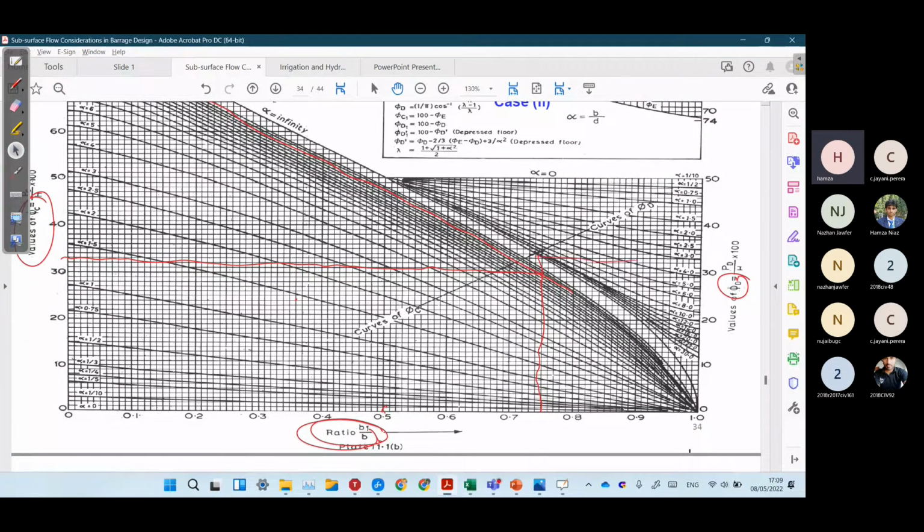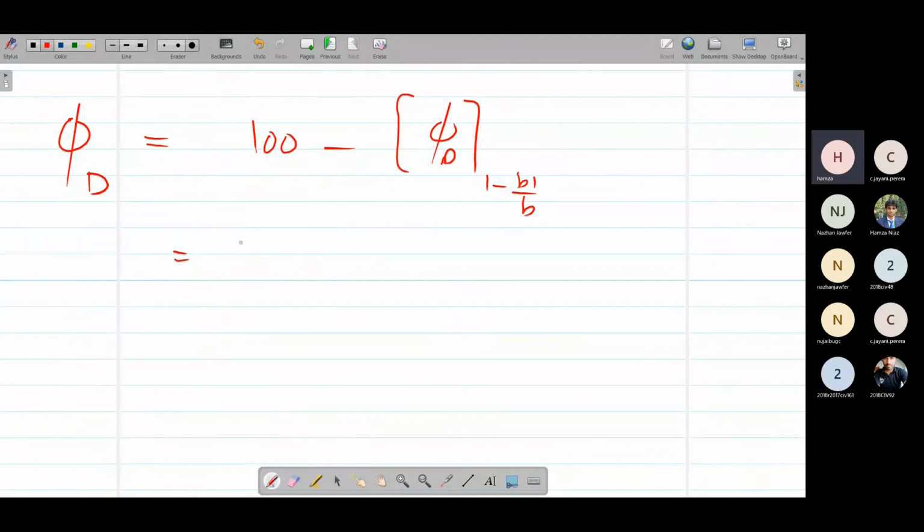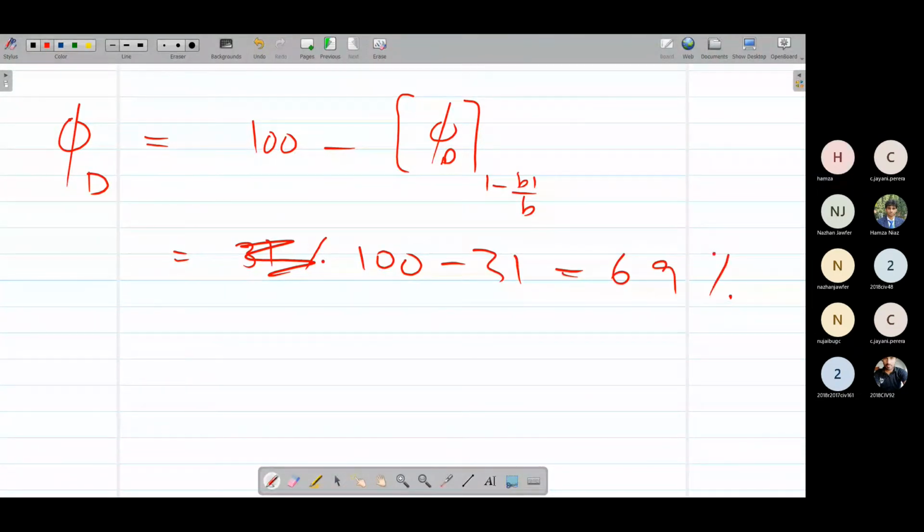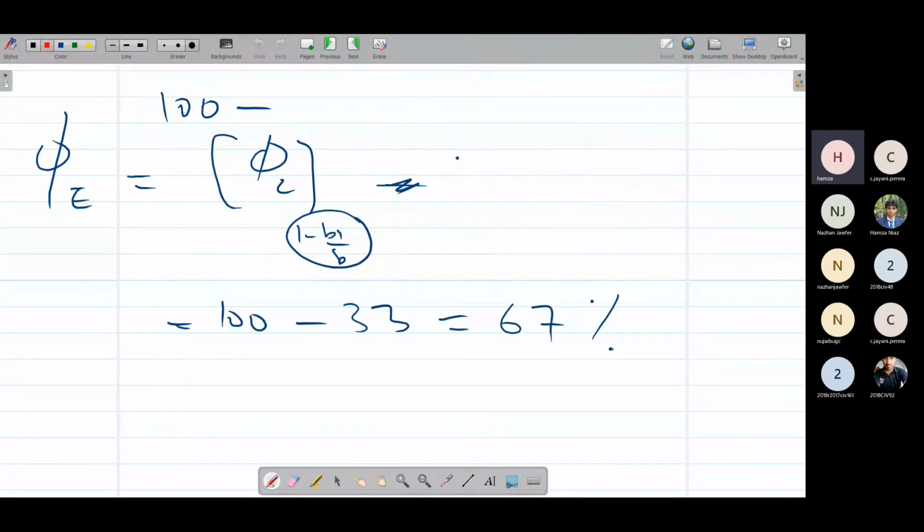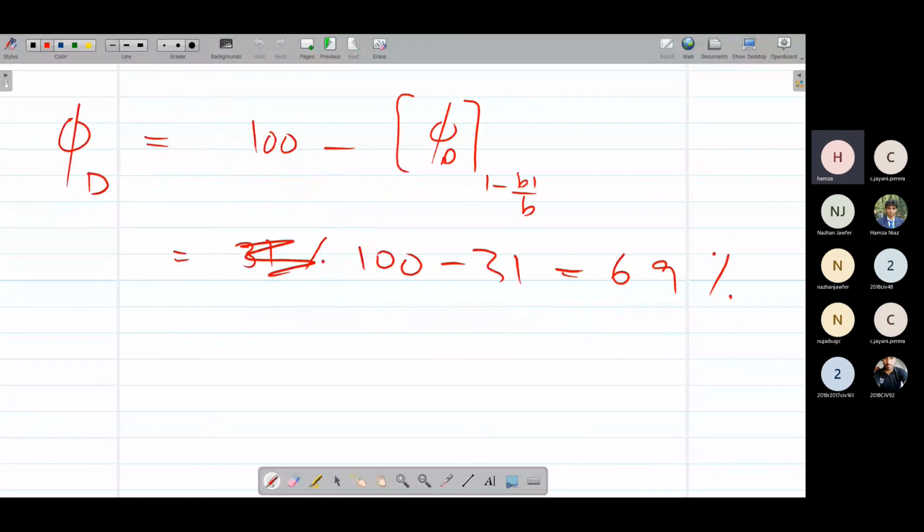If you move in this direction, approximately 31, 32. So 31 approximately, 100 minus 31 is 69%. So we got 67% for phi E, and phi D as 69%.